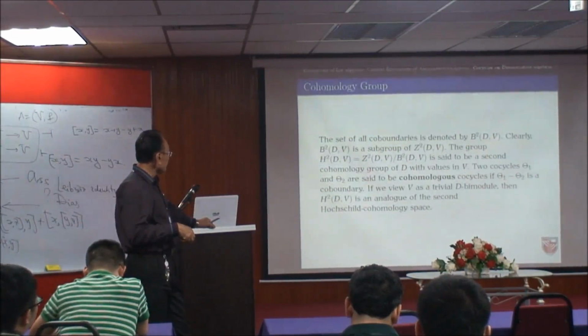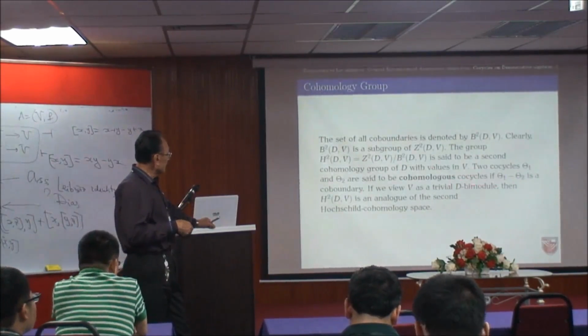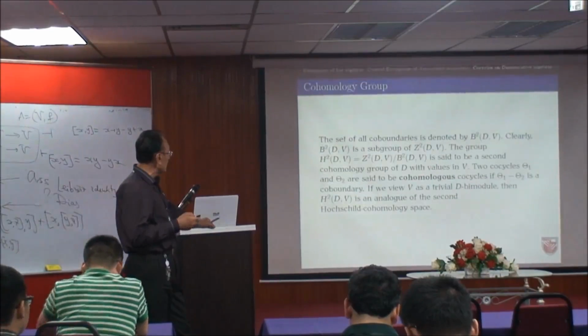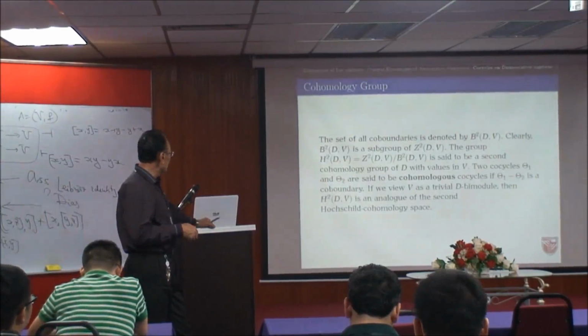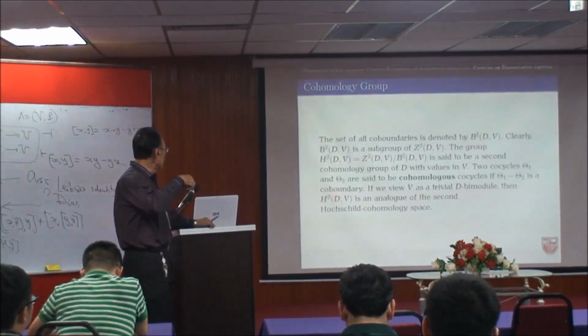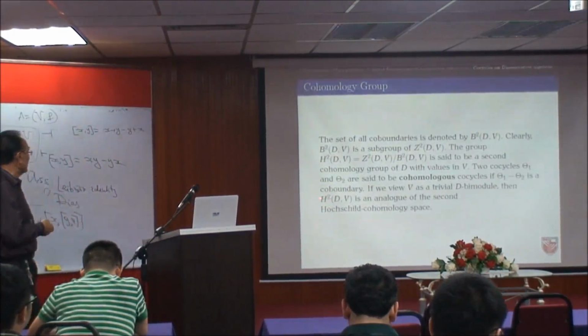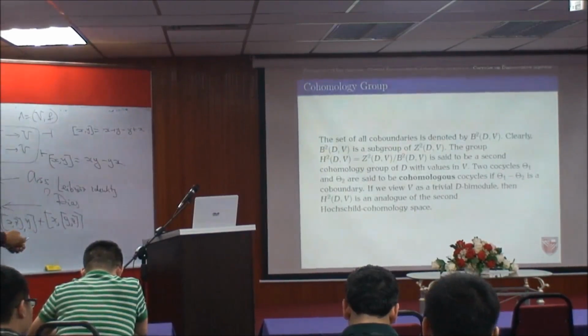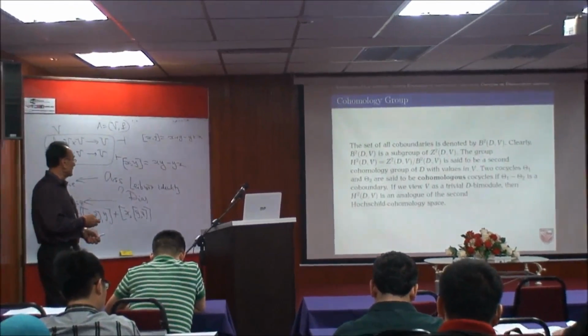So if two 2-cocycles theta 1, theta 2 differ by a coboundary, then they are called cohomologous cocycles. Each element of H2 consists of mutually cohomologous cocycles.